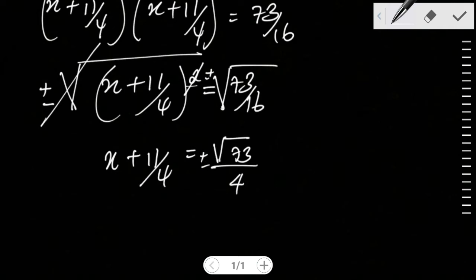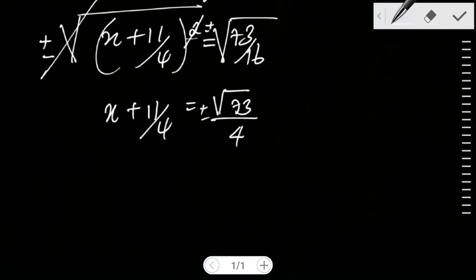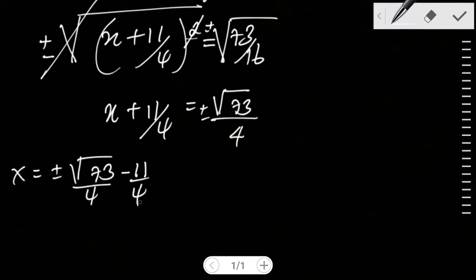And so to get the value of x, x equals positive or minus root of 73 all over 4, minus 11 out of 4.